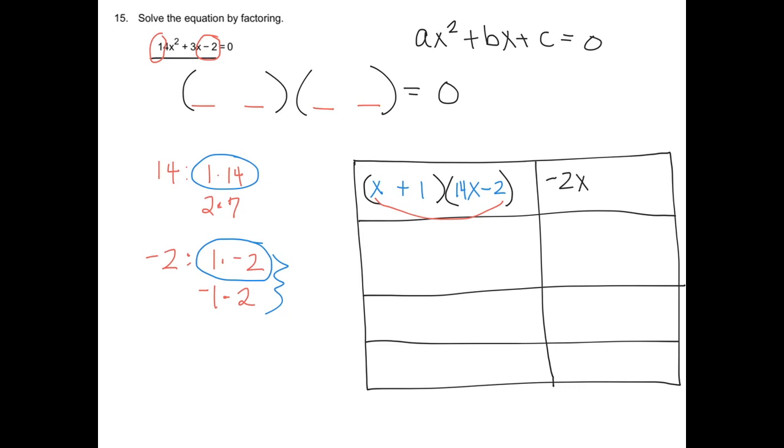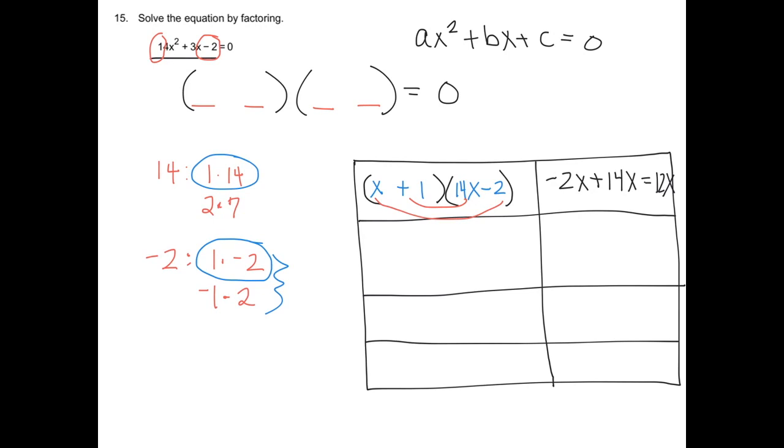And then we're going to multiply the inner terms together. 1 times 14x will give me a positive 14x. When I add negative 2x plus 14x, I get a positive 12x.